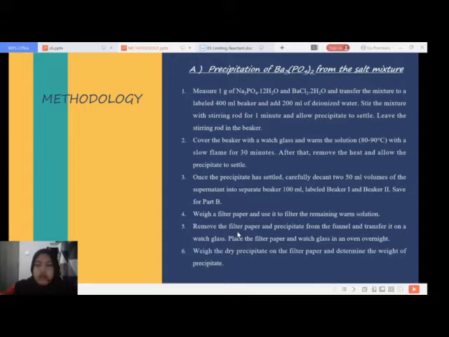Fifth, remove the filter paper and precipitate from the funnel and transfer it onto a watch glass. Place the filter paper and watch glass in an oven overnight. Last, for part A, weigh the dry precipitate on the filter paper and determine the weight of the precipitate.